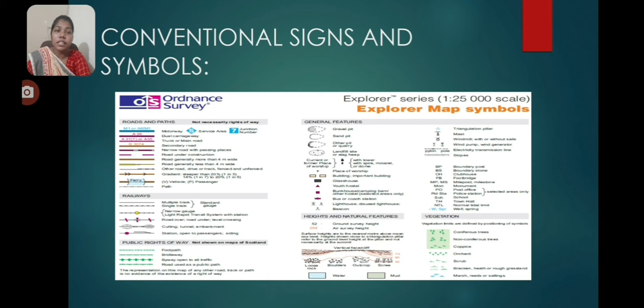Next, we'll be talking about conventional signs and symbols. What are conventional signs and symbols? In a map, we need to have symbols, right? For example, if we are marking railways, we need to know the symbol. Railway means you will have a track, so you will have to mark it on the side of the map. You will have to make sure that you mention it like railways.